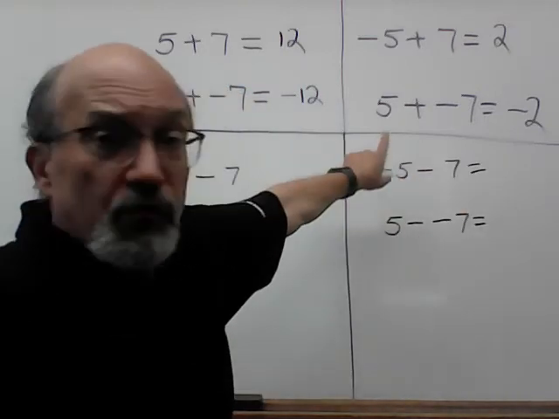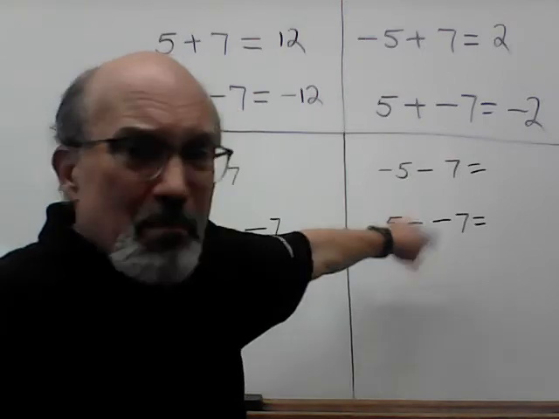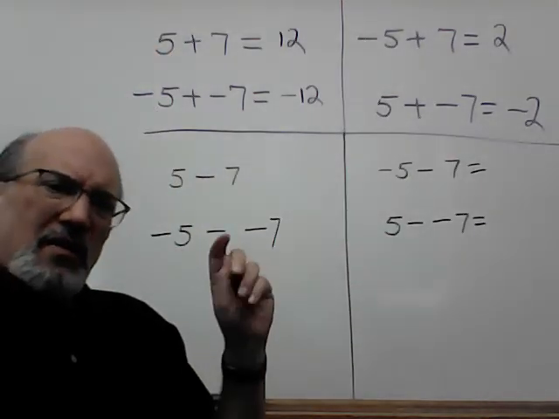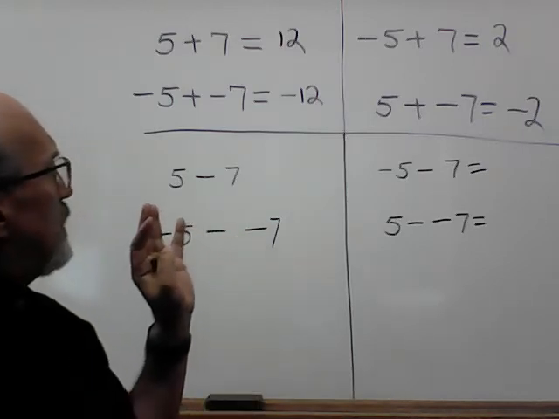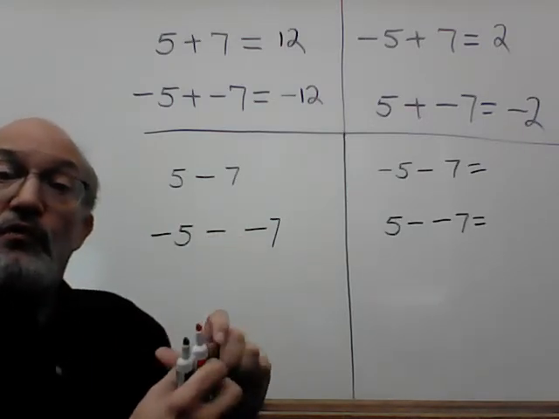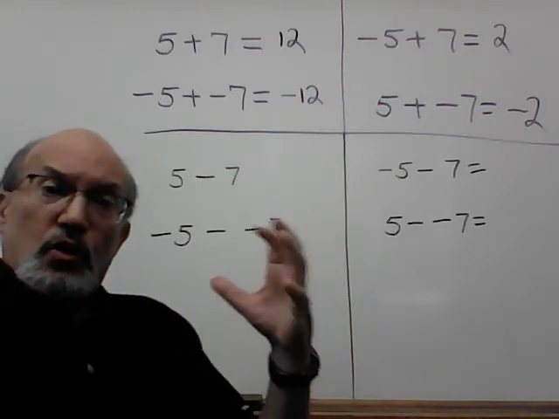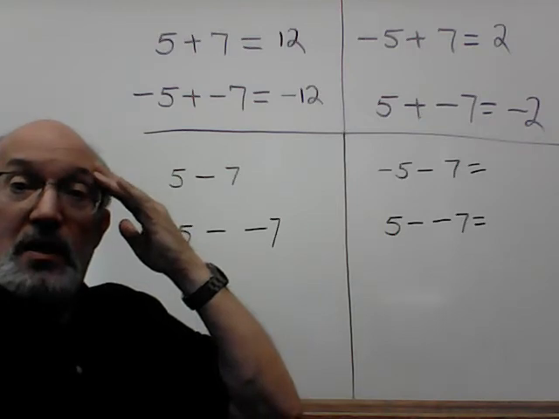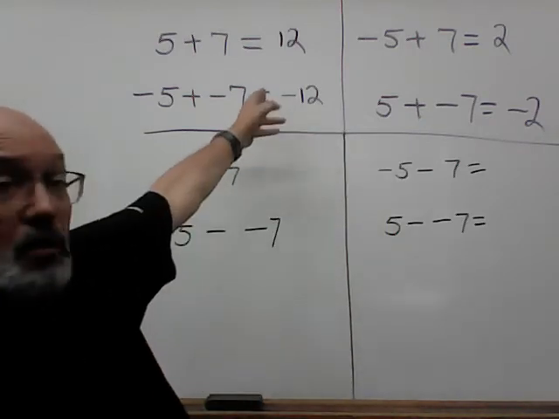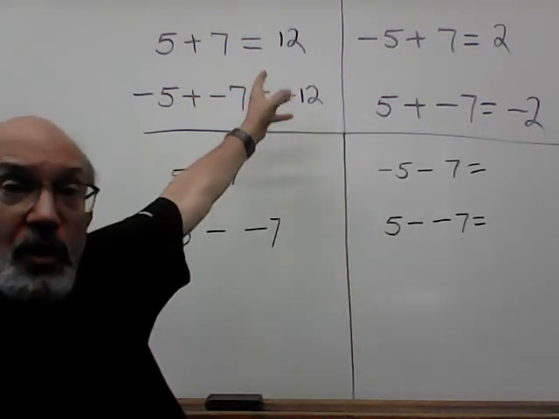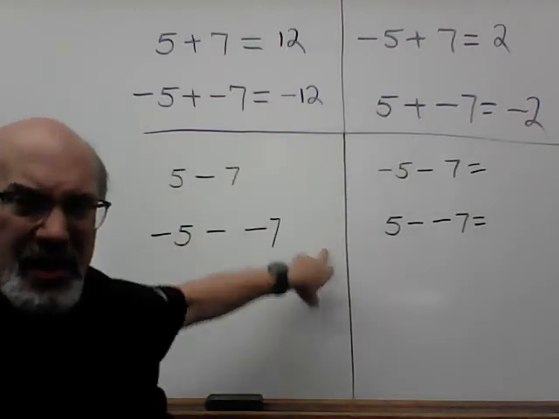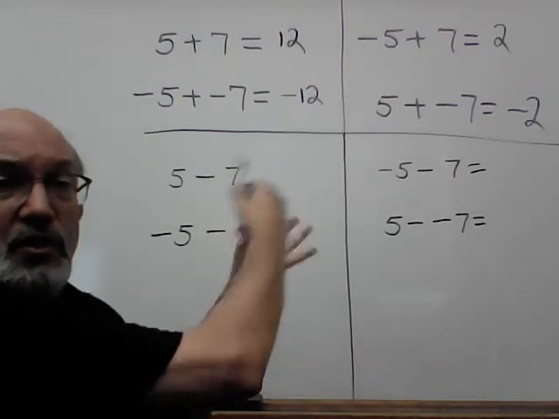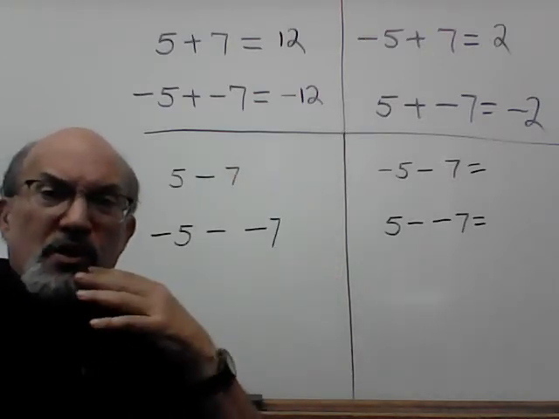And instead of 5 plus -7, we have 5 minus -7. So make sure you see that. Actually, I hope this isn't too confusing. I thought it was just sort of logical to replace each plus sign with a minus sign. But over here on the left, when we were adding and we had 12 and -12, that's not going to happen down here. The two kinds of additions are actually going to sort of switch positions somewhat.